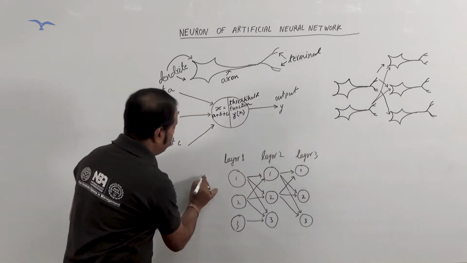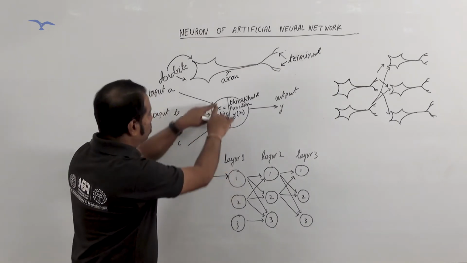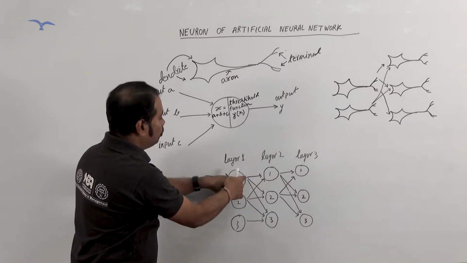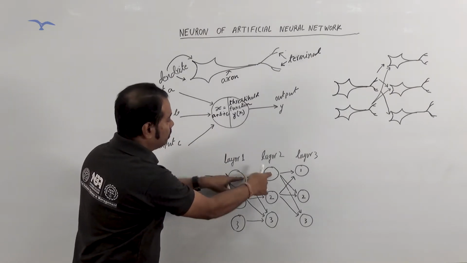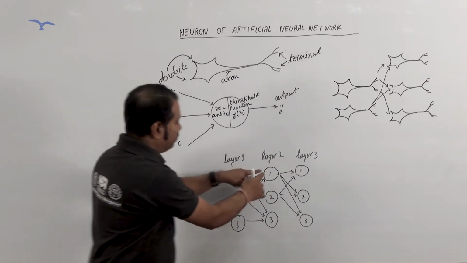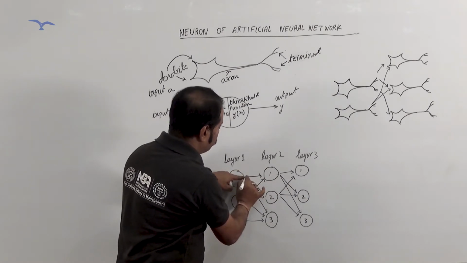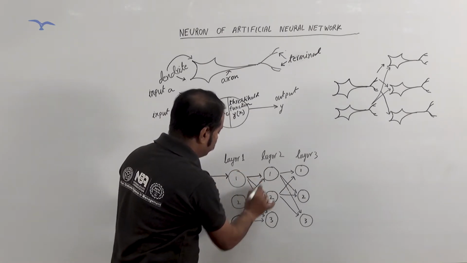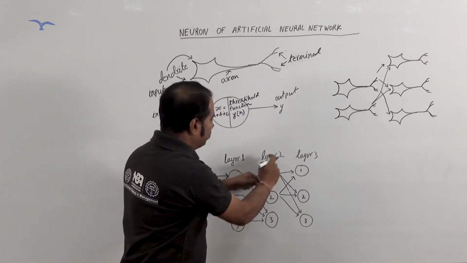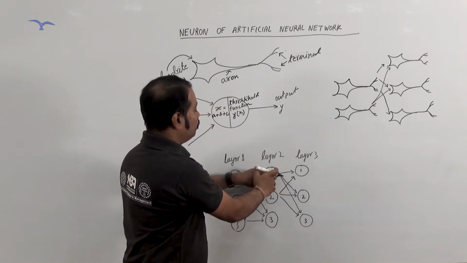Like an input is coming to this neuron and it flows through this activity, and then that particular output, if it generates, goes to the next neuron. The same output is going to this neuron. And similarly, this neuron accepts three inputs, one from here, another from here, and another from here. So they get summed up, and then there exists a threshold function which decides whether output will be generated.